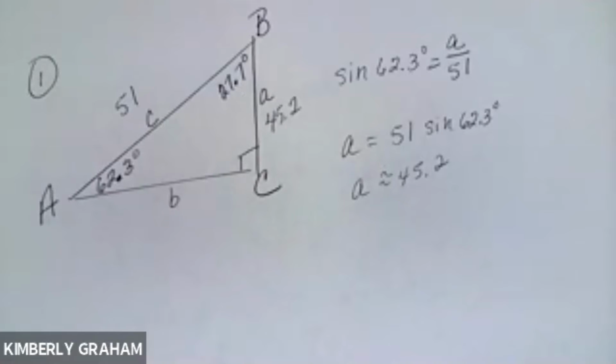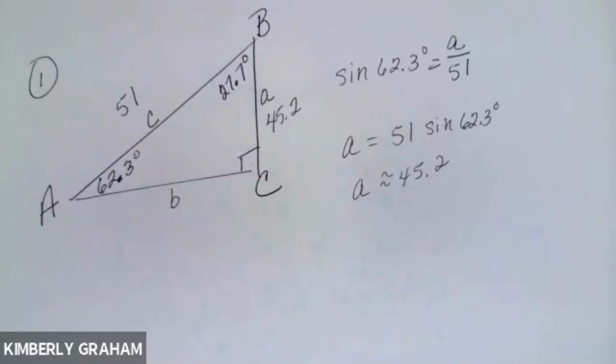And I will tell you that depending on which method you do and how far you take out your decimal, if you're using the Pythagorean theorem, your rounding may be off slightly compared to what the book has or my math lab has, especially if it's a multiple choice thing.